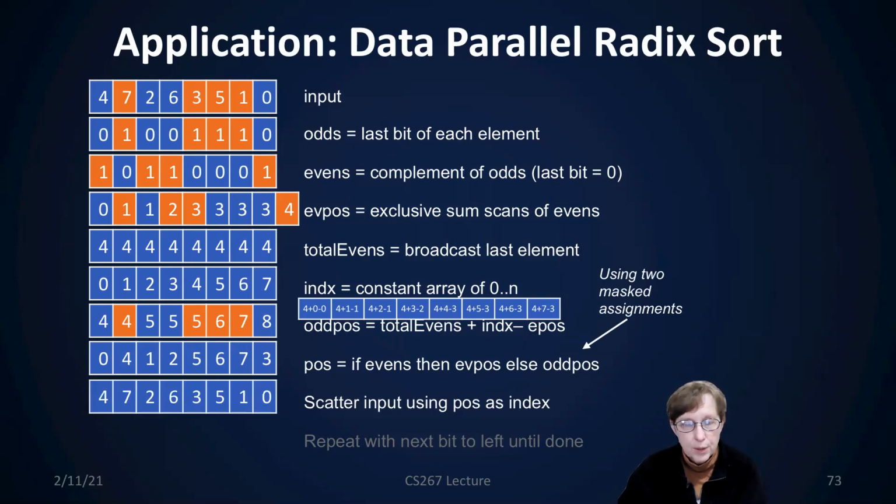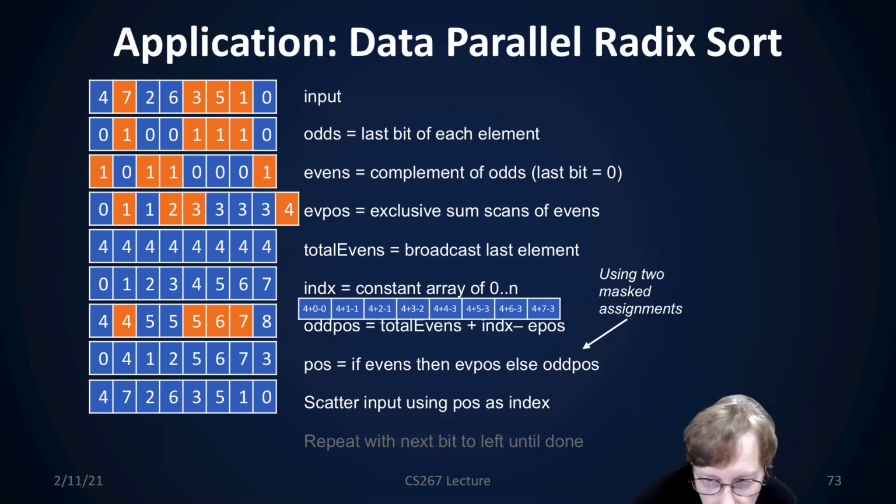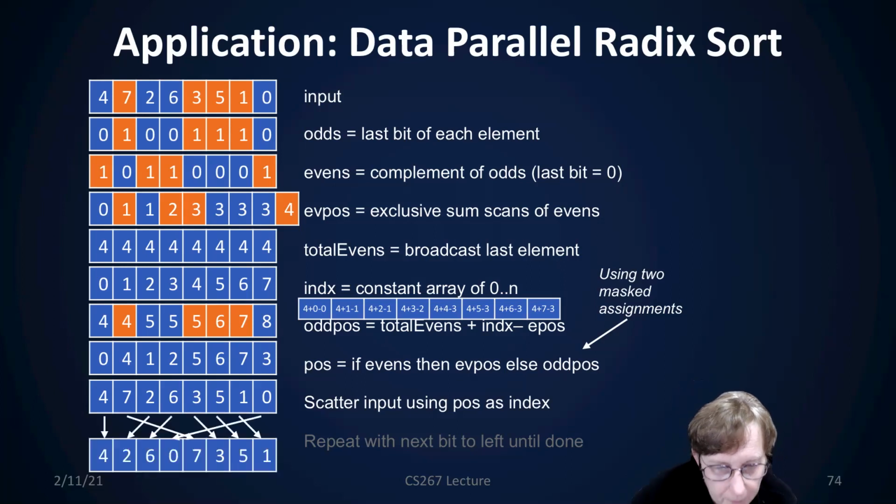And then we'll scatter the input using this positions array, the pos array, as the index, and that'll give us the set of values in which the odds are on the left, the evens on the right. Did I do that wrong? Let's see. Oh, sorry. This is using this position as the index, and so here's the actual scatter operation. As a result of that, we've got the evens on the left and the odds on the right here.